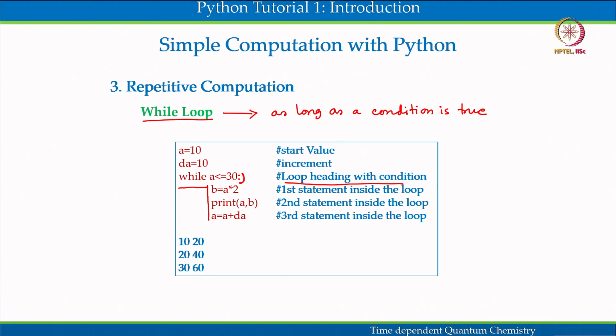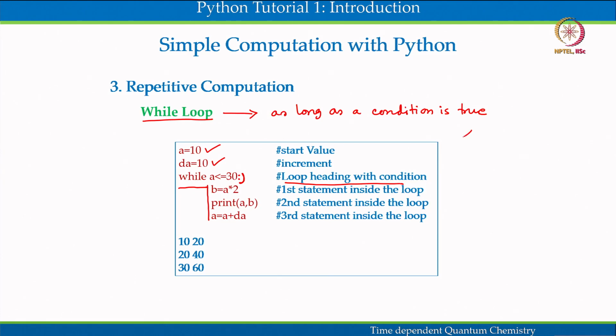So, what happens when you start a value with 10 and increment by 10, let us say, then when we start the while loop, it will check whether the value is less than or equal to 30. There are a number of Boolean true-false kinds of operators we have in Python.